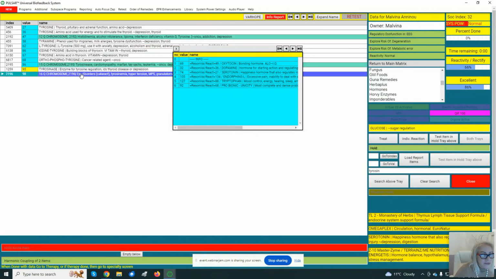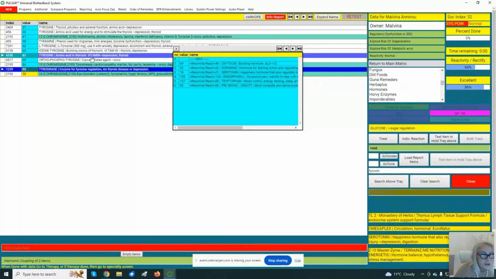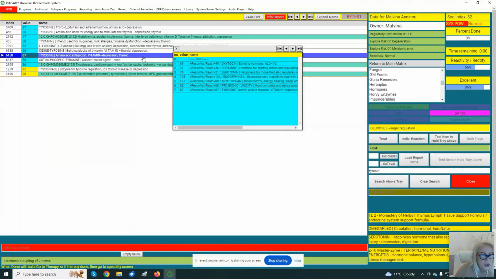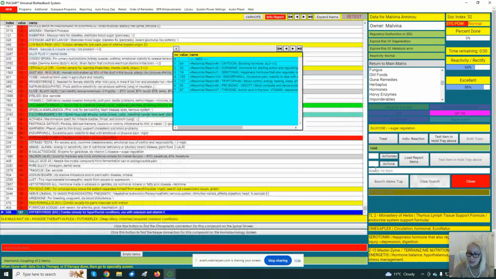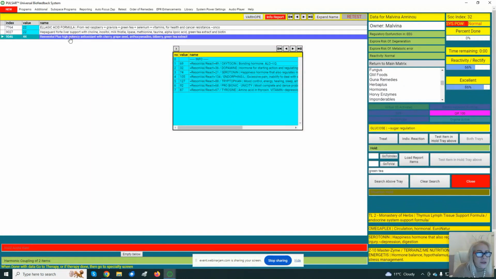Tyrosine is actually an amino acid. I wanted to put the tyrosine because that helps with the dopamine. And also some green tea. Green tea also helps with serotonin and dopamine. We have some green tea in this remedy here.